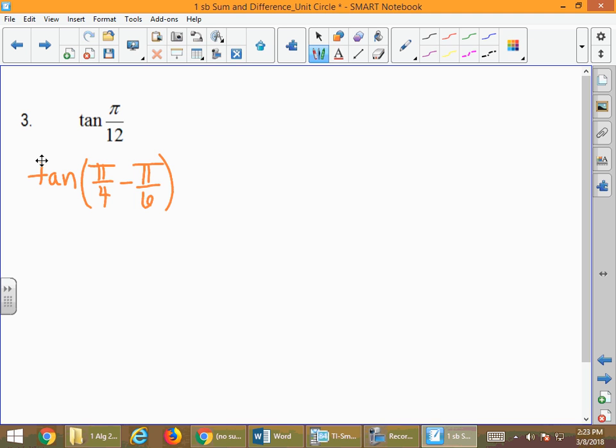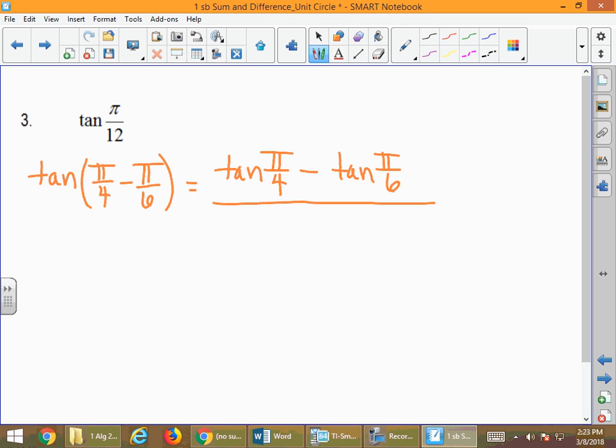And as we look at our paper to fill this in, watch out for the plus and minus signs. In the top of our function, because we're subtracting here, this is going to become tangent of pi over 4 minus tangent of pi over 6.